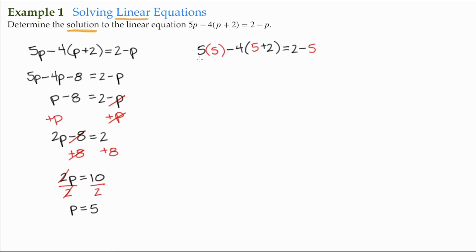And now we could just go ahead and do the arithmetic. 5 times 5, that's 25. 5 plus 2, that's 7. So I've got minus 4 times 7.